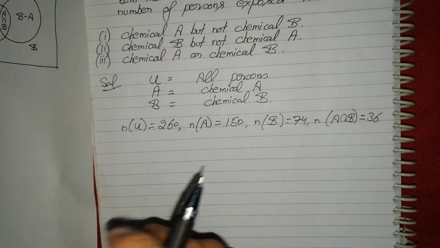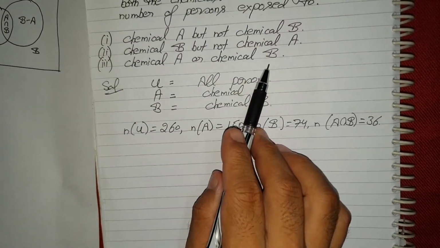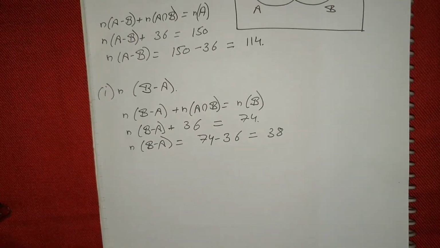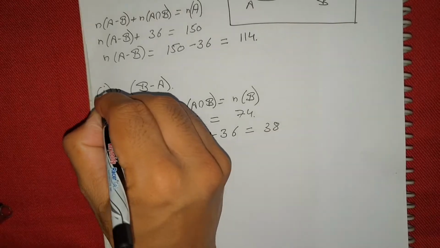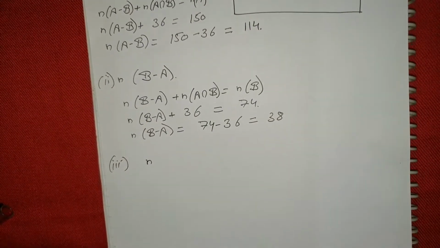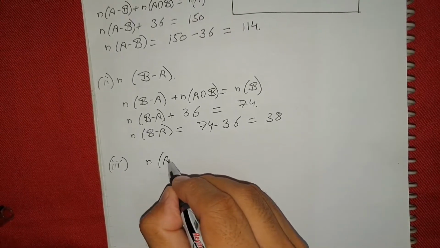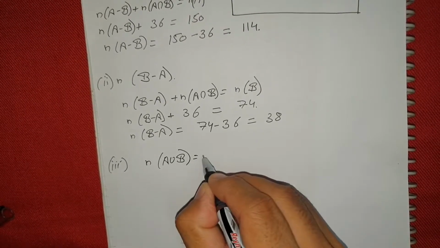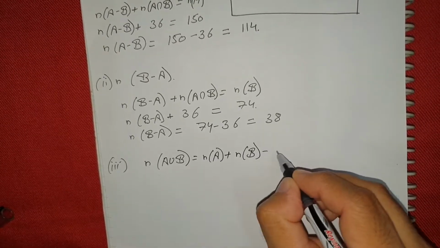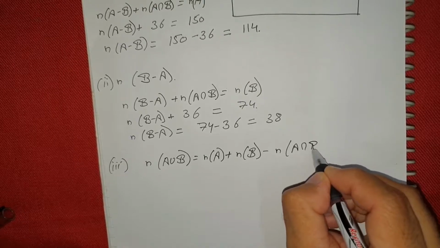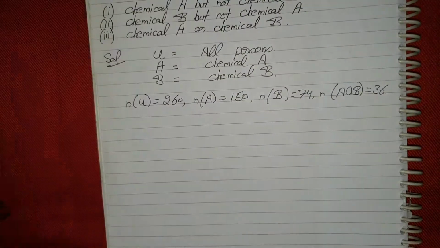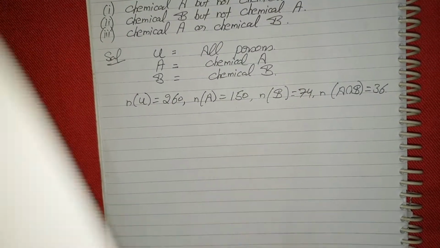Now chemical A or chemical B means A union B. Sorry, this is the third part. For that we have already learned the formula: N of A union B is equal to N of A plus N of B minus N of A intersection B. So substituting the values, what is N of A? 150.